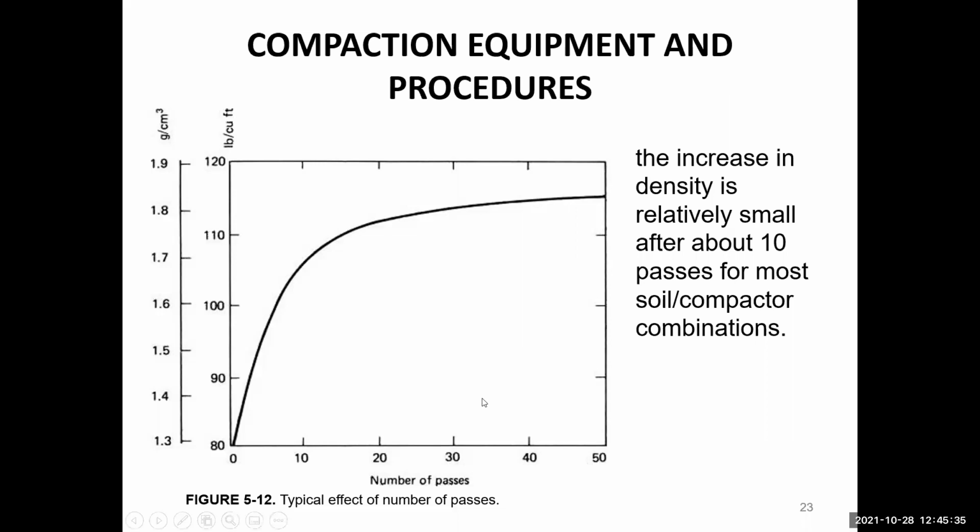Because for each pass of the equipment, more time and effort will be consumed, so in order to save that time and effort, we need to choose the correct type of equipment so that we can achieve the desired density of the soil with less effort.